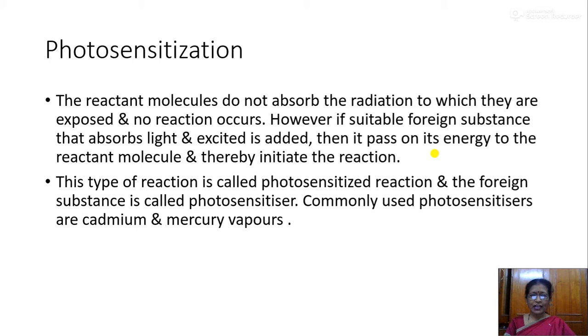This type of reaction is called a photosensitized reaction and the foreign substance is called a photosensitizer. That is, the foreign substance which is responsible for the photosensitivity of the particular chemical reactant. Commonly used photosensitizers are cadmium and mercury vapors.